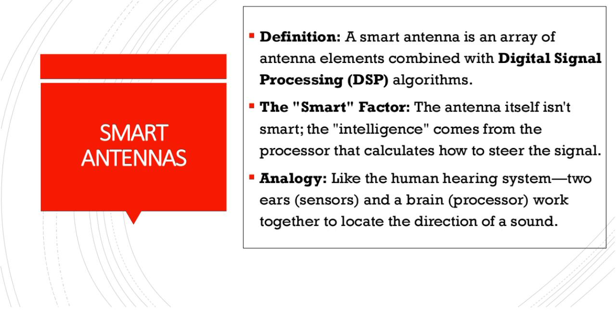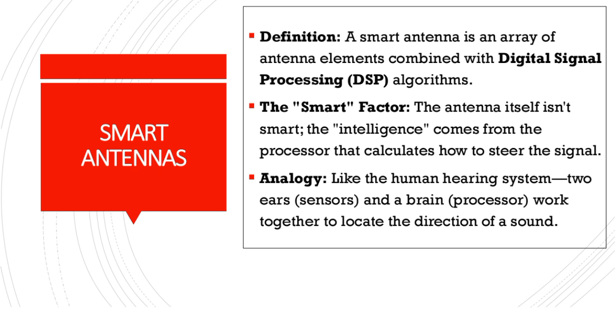Now see here, the first thing: a smart antenna is nothing but an array of antenna elements that will be combined with digital signal processing algorithms. What is the factor that "smart" means? That is nothing but intelligence. That means a processor that calculates how to steer the signal.